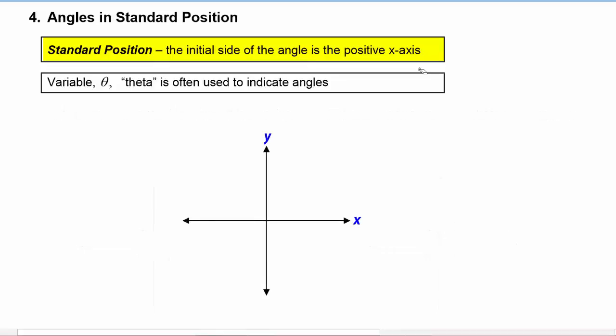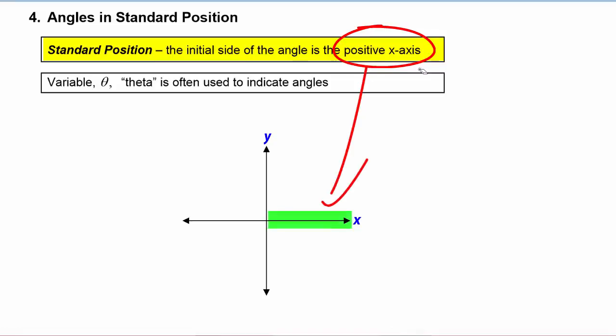So in the xy plane, we know there's the positive x-axis, the negative x-axis, the positive y-axis, and the negative y-axis. That means that all angles in standard position will have their initial side beginning here on the positive x-axis.